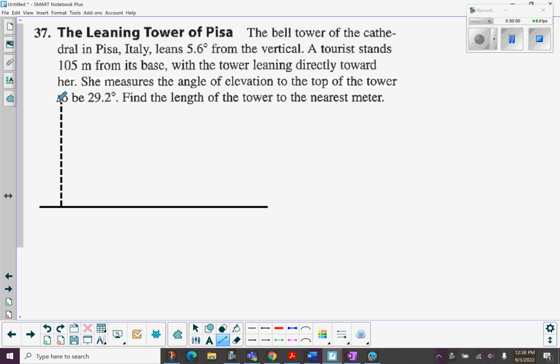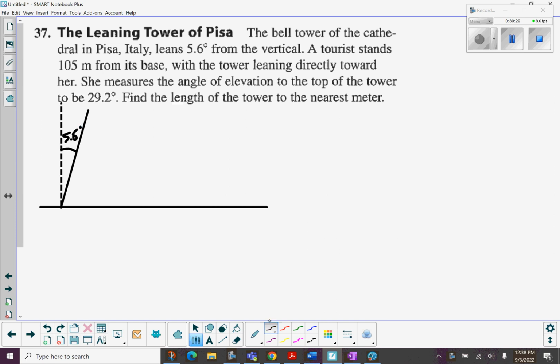From the vertical, these days, it leans over at about a 5.6 degree angle. Now, I really don't think that that's accurate, but the picture is supposed to just help us here.